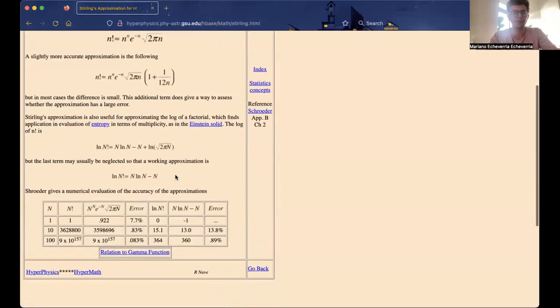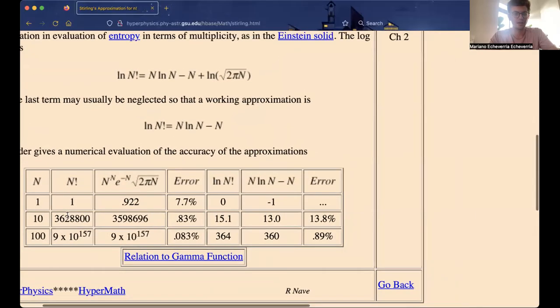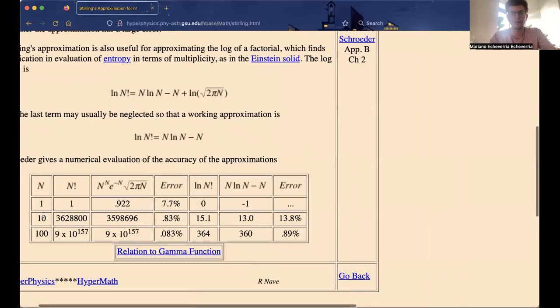So for example, if you plug in n equals 10, 10 factorial is this, and the Stirling approximation is this. So it's an error of less than 1%. And for n equals 100, just look how gigantic these numbers are.